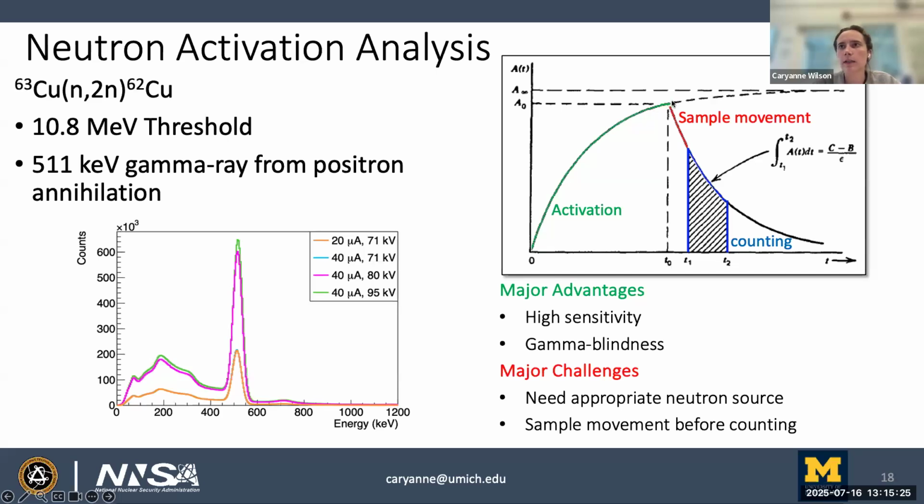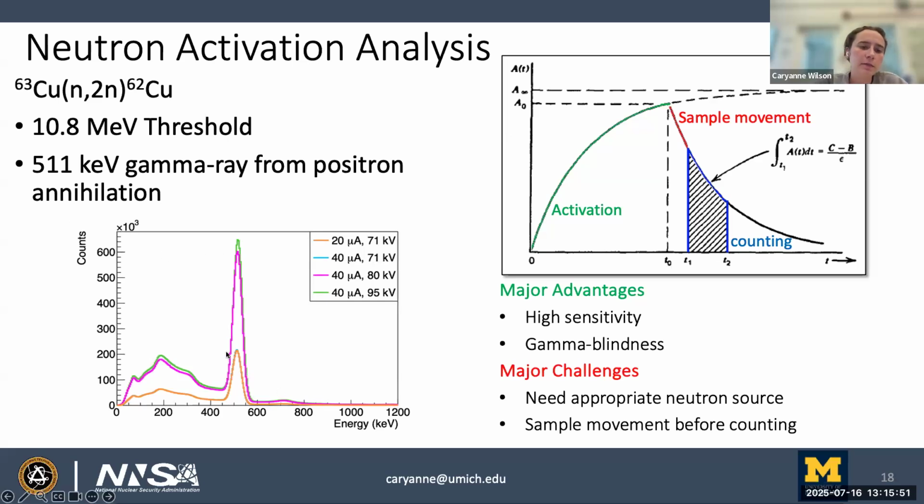And then once you stop irradiating it, it will decay away, and you can use an external detector and put your copper foil in front of that. So that could be any sodium iodide or high purity germanium detector. And it will measure a 511 keV peak. And you can use the integral of that peak to determine the neutron output.